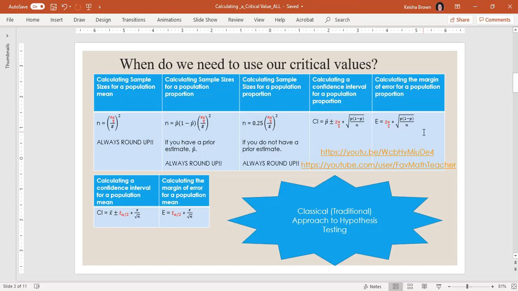When do we use our critical values? Everything in this chart where it is z sub alpha over 2 only, I have a separate video on that. So when you're creating confidence intervals and you're using z sub alpha for proportions, or when you're calculating sample sizes, that's referring to z sub alpha over 2.